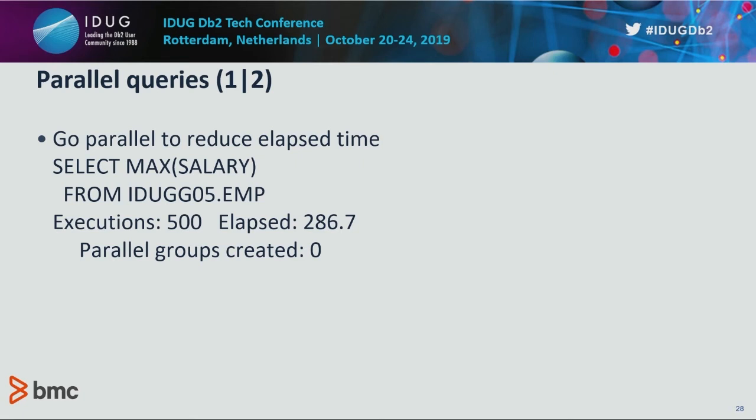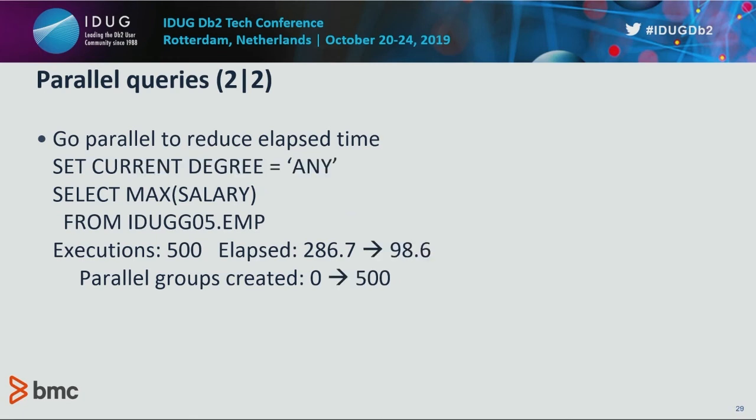But if you do activate the parallel query capability, that does show up in the statistics: you've created 500 parallel groups, and as expected you get a big reduction in your elapsed time to get that result.